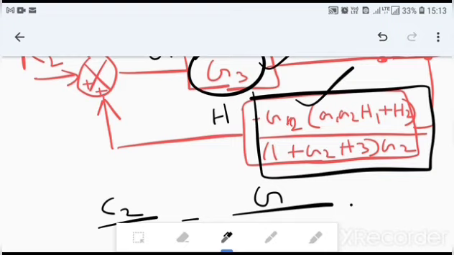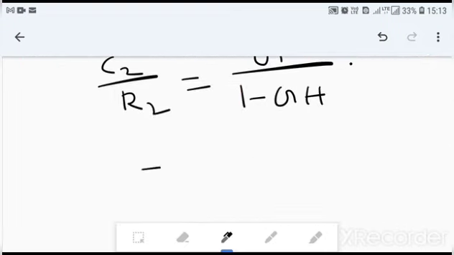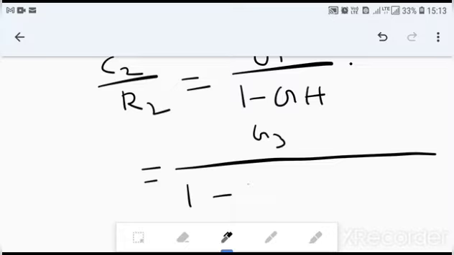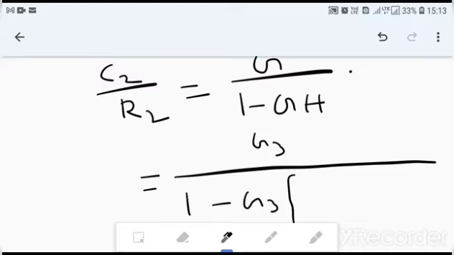That one is our H. So if we substitute these values in this and do the simplification, G is nothing but G3 simply by 1 minus G3 into our H, the bigger one here, that is minus G2 G1, that will substitute here.